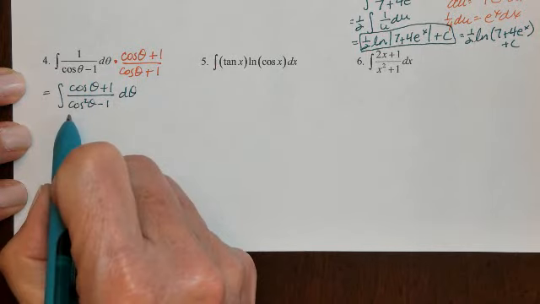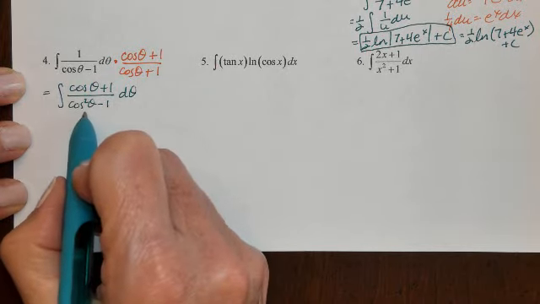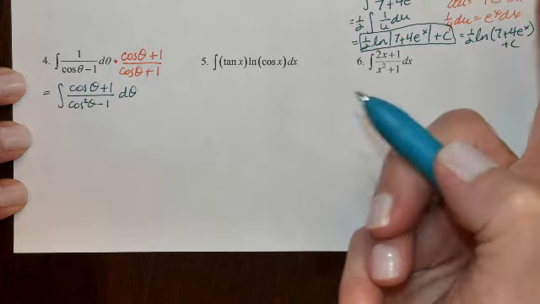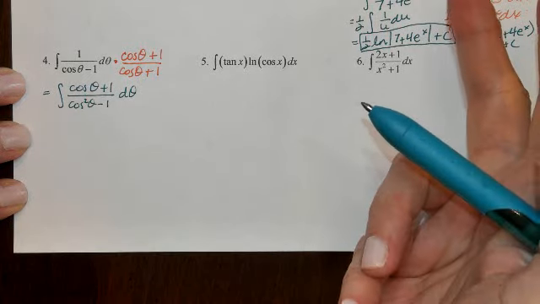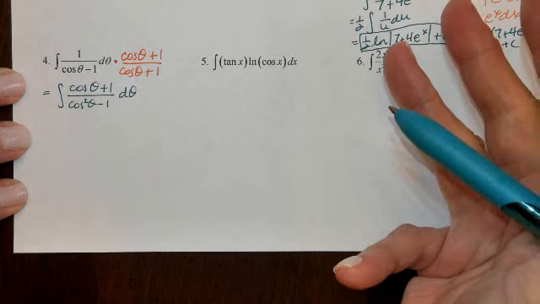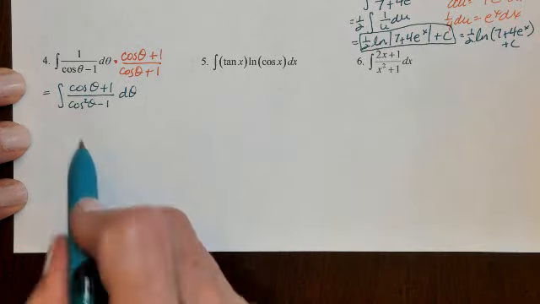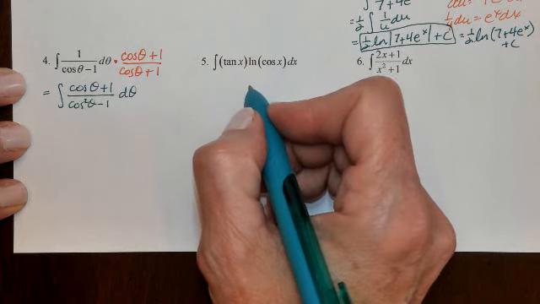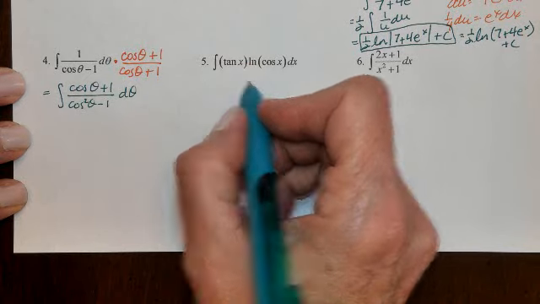What is cosine squared theta minus 1? Now's the time to use a trig identity. Well, sine squared theta plus cosine squared theta is 1. So cosine squared theta minus 1, be careful, that has to be a negative sine squared theta.